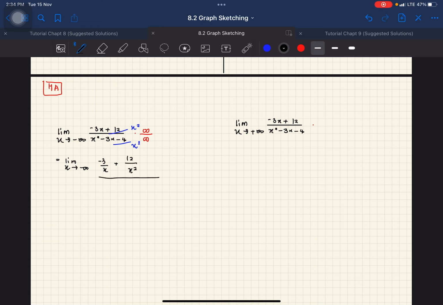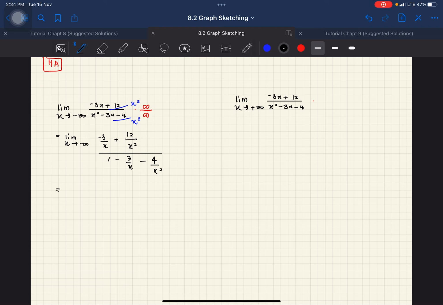So divide with, okay, so saya ada x square divide by x square, I have 1. And then I have negative 3x divided by x square is negative 3 over x. Okay, and then last one saya ada negative 4 divided by x square, which is negative 4 over x square.